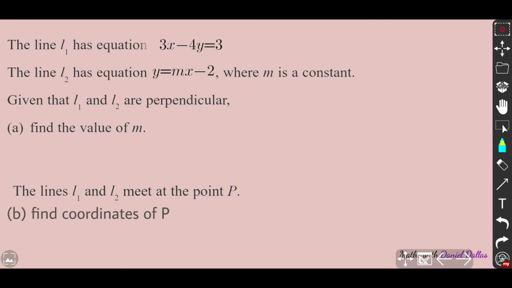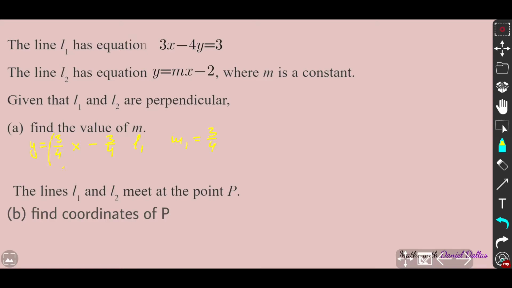From 3x minus 4y, I make y the subject here, and I'll have 3 over 4 x minus 3 over 4. Basically, I divided both parts by 4. So this is L1. From here, we can figure out that the gradient for this line is 3 over 4, as the coefficient before x.